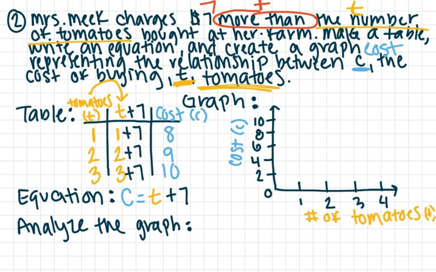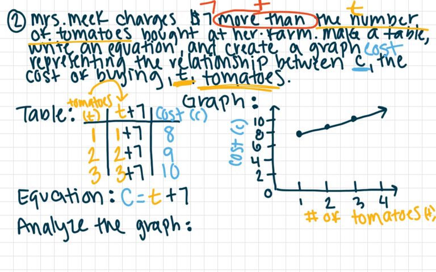So I go over 1 tomato, and then I go up to $8. I go over 2 tomatoes on the x-axis, and then I go up $9, which is going to be right here in between 8 and 10. And then for 3 tomatoes, I go up all the way to $10, and I connect those dots with a line. And now we're going to analyze the graph.